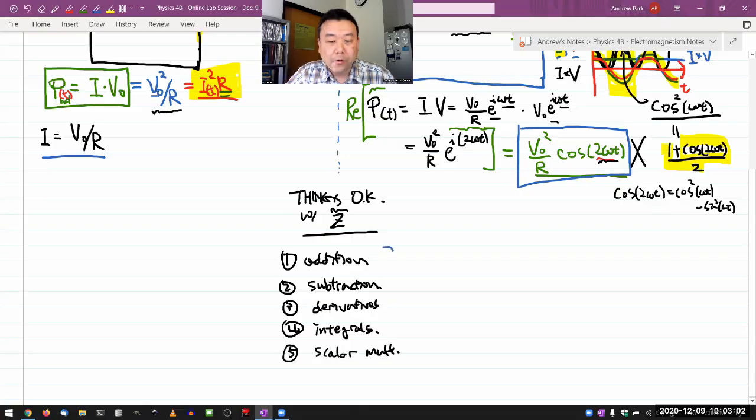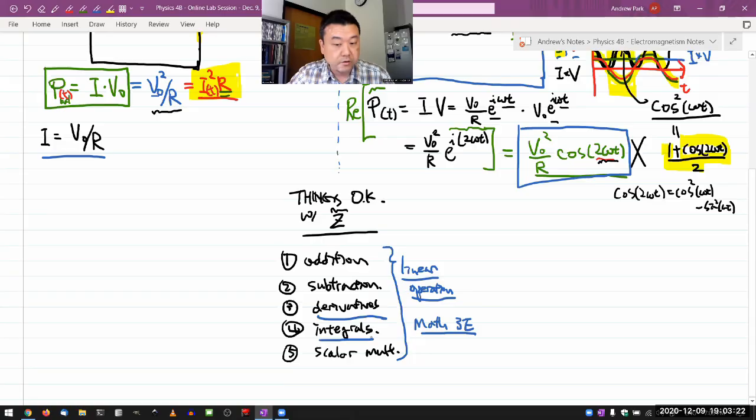What all these represent are linear operations. I think that's something you will get a more detailed definition of when you take linear algebra, covered in Math 3E. So let me just leave that there. These are all linear operations, even taking derivatives and integrals.